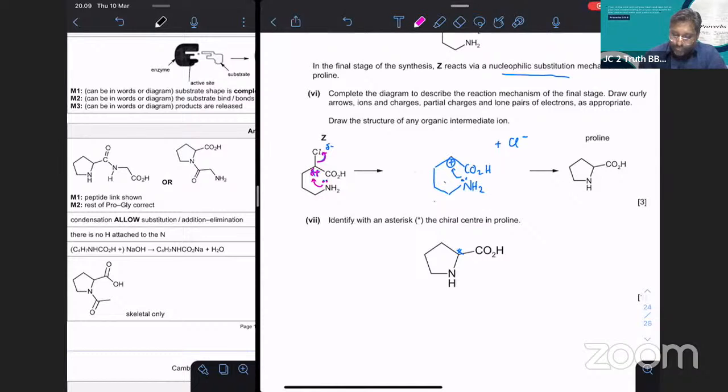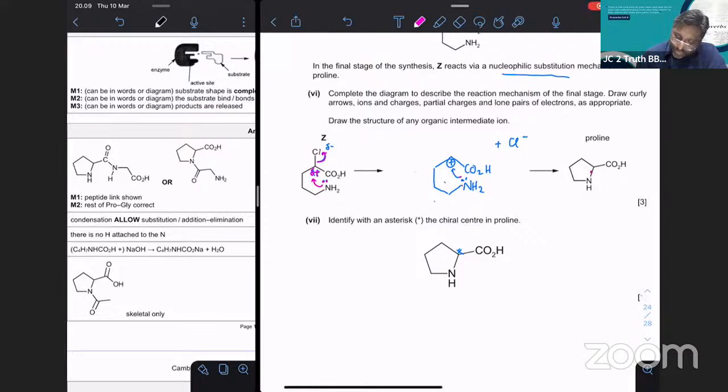So the intermediate, the moment they come over there, if I put the delta plus over there, if I put this one coming over there, that is already going to join to give you this structure, proline.